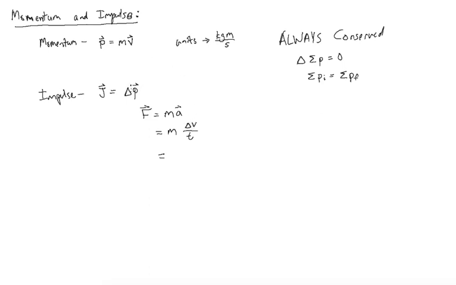Assuming a constant mass, this is m delta v is what this becomes, right? Then m delta v is simply the impulse, change in momentum over time, is our force. So if we want to look at force, we can look at force in terms of momentum.